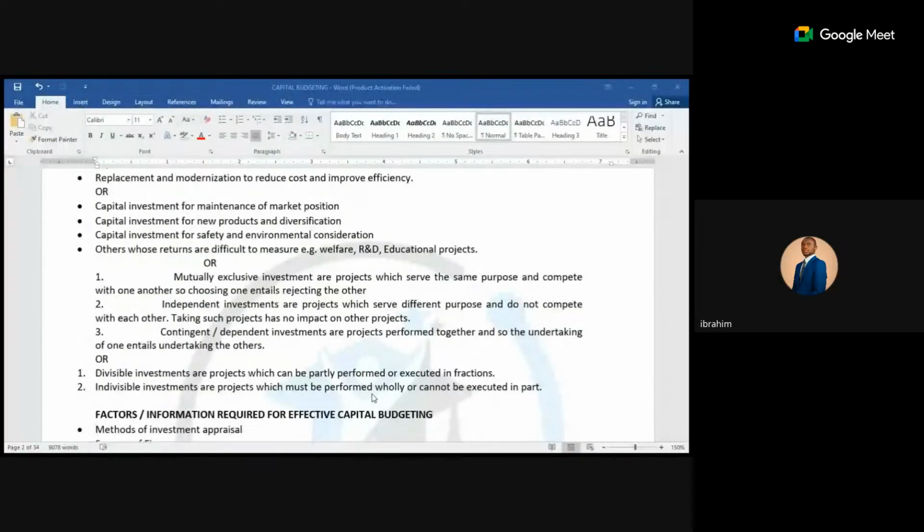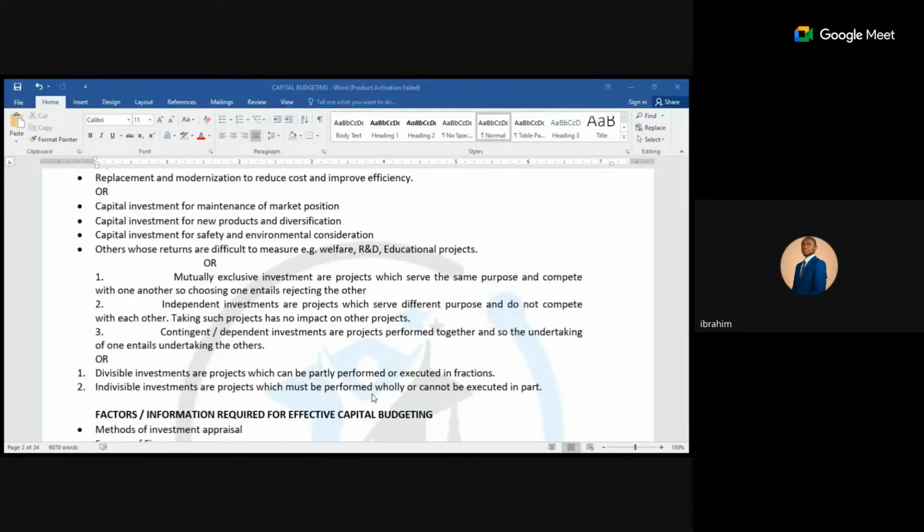Divisible projects are projects that can be undertaken in part. A practical illustration: you are constructing, maybe there's a construction, let me use FCT for instance, or let me use Lagos, maybe Oshodi, thereabout, right? And they have to complete one part. So you can undertake a project partly.